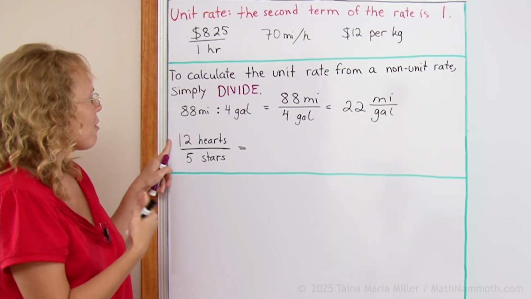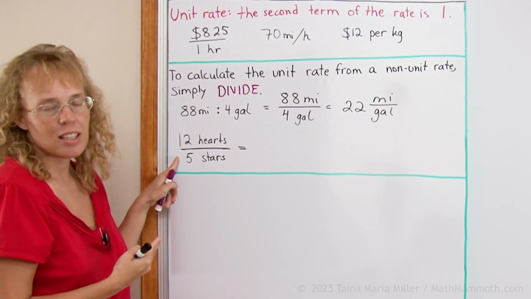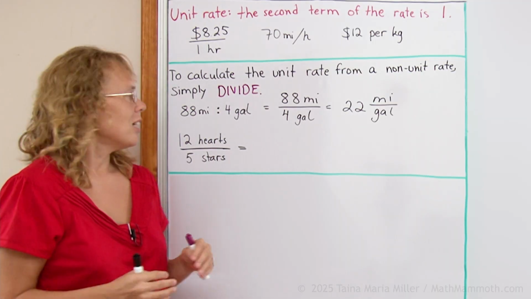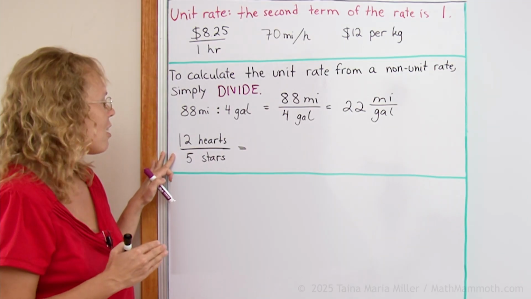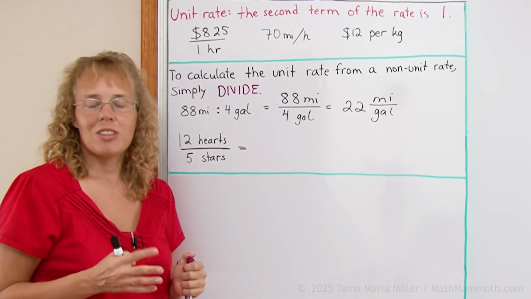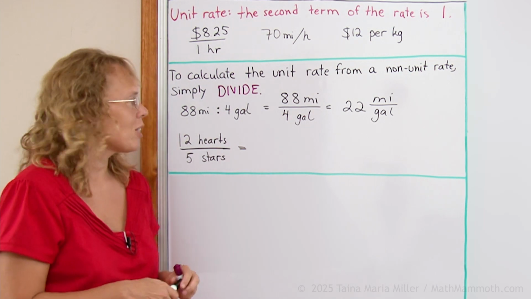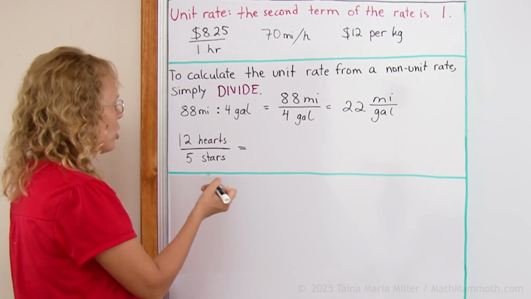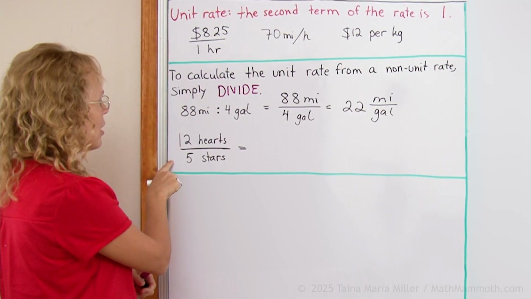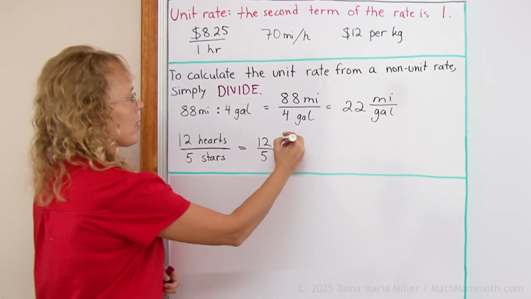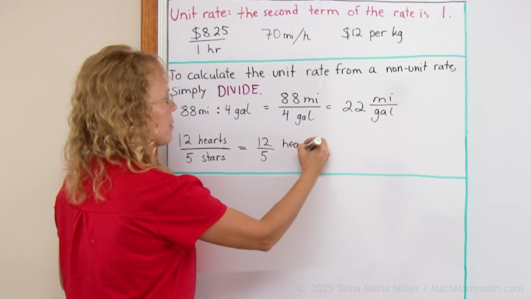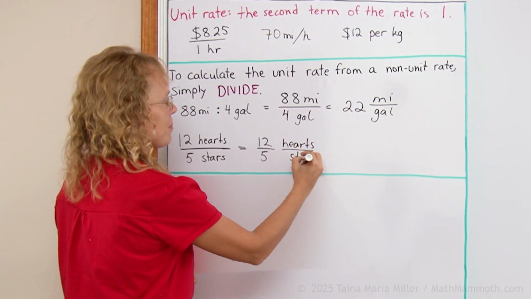Or if we have 12 hearts to 5 stars, let's say you're making a pattern and you are drawing 12 hearts to each 5 stars. It's not that you really want to calculate a unit rate for this situation, but you can. If I do that, then I divide 12 divided by 5. So I get 12 fifths hearts per star.